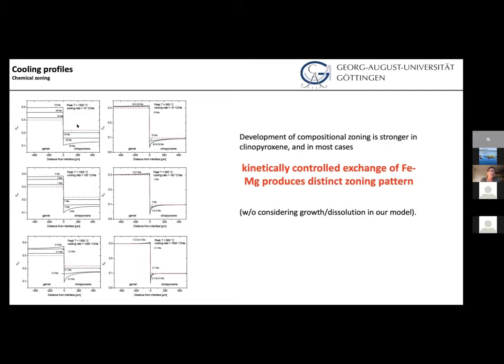So the classical approach of using core concentrations to get the temperature for the onset of garnet growth, for example, and the rim for the end, is just not true. That's not applicable. You can easily change the interior of your grain and still have a zoning pattern in there.